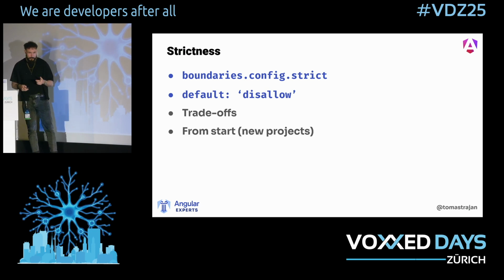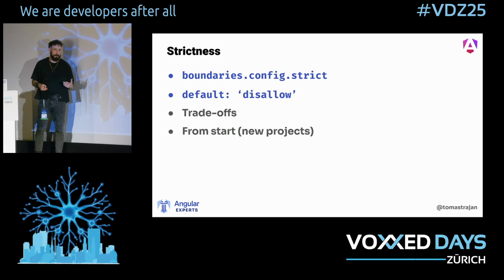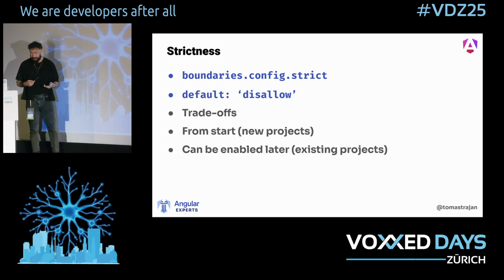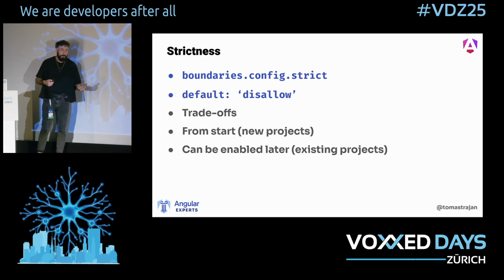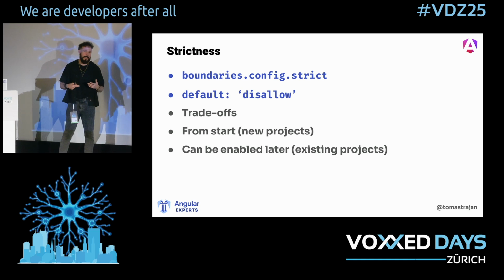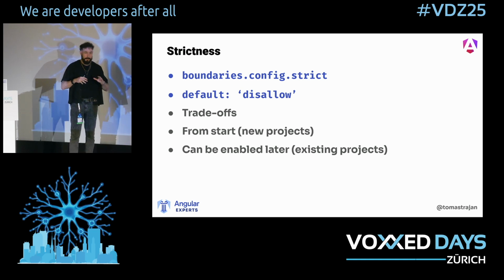Of course, the trade-off is that if you have a new project, then you want to enable them from the start, but if you have an existing project, then you cannot really enable them, because most likely the architecture is not completely clean. You have those bad imports. So you probably need to start not strict, define first two types, then clean it up, then add an additional type.